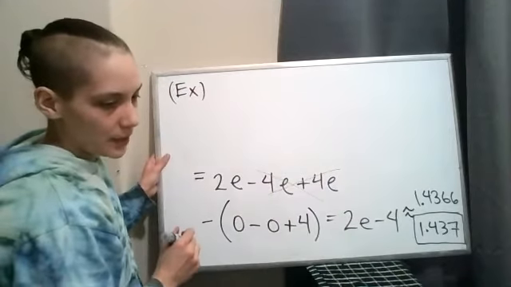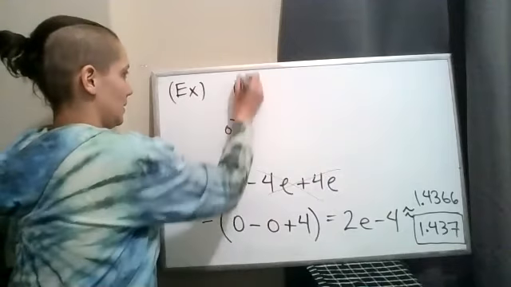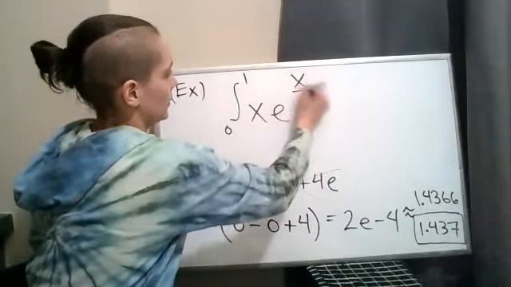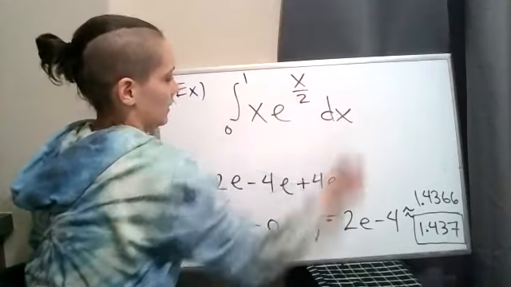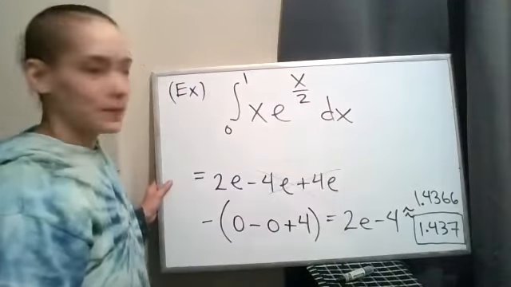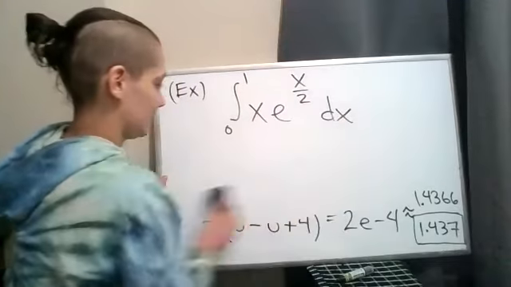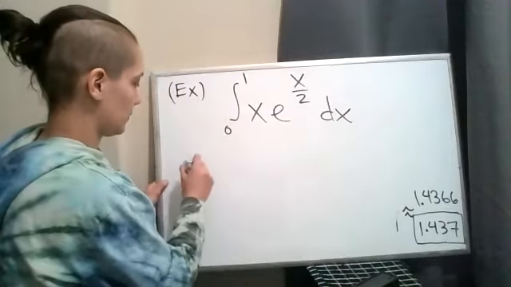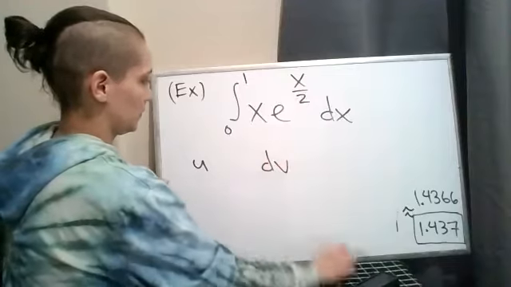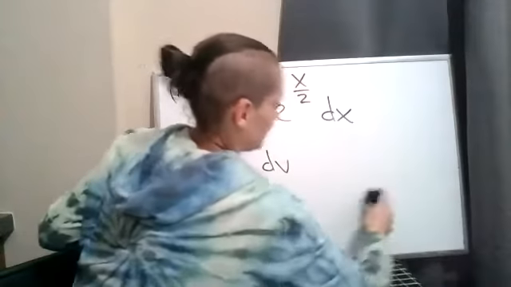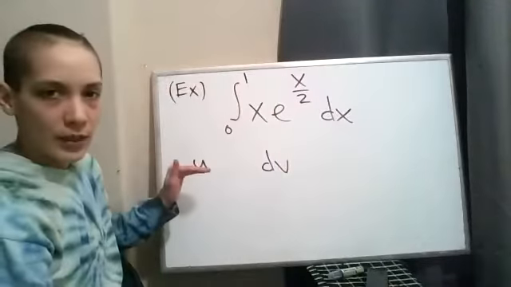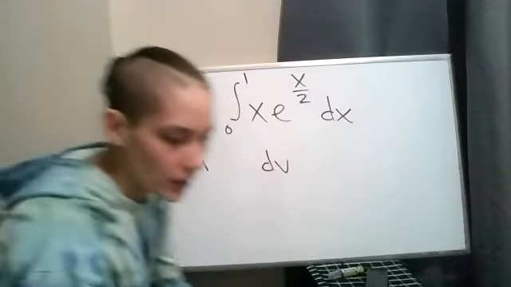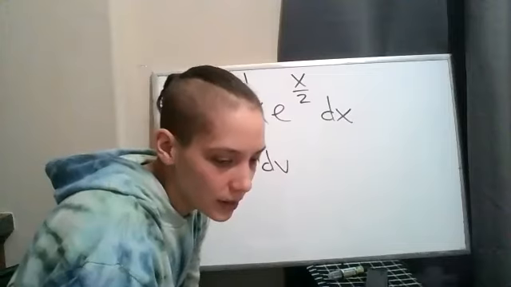It's the integral from 0 to 1 of x e to the x over 2 dx. u will equal x, dv is going to be e to the x over 2.